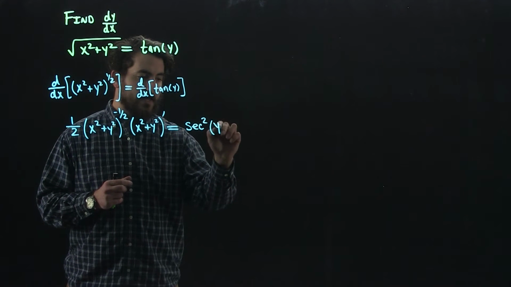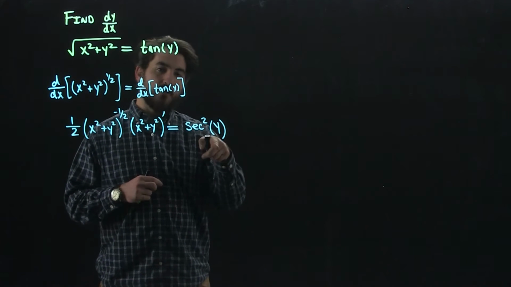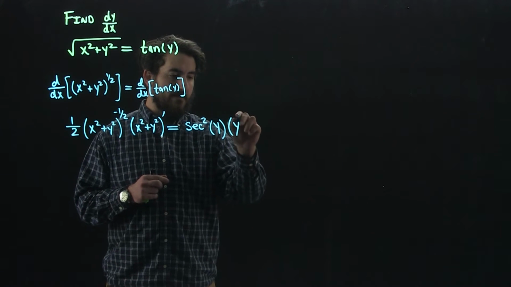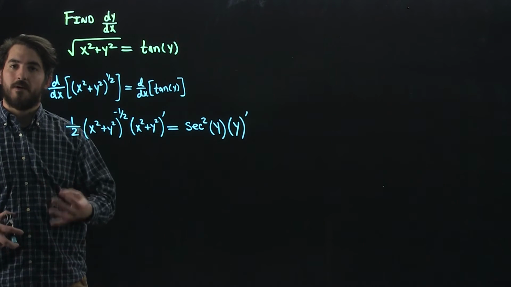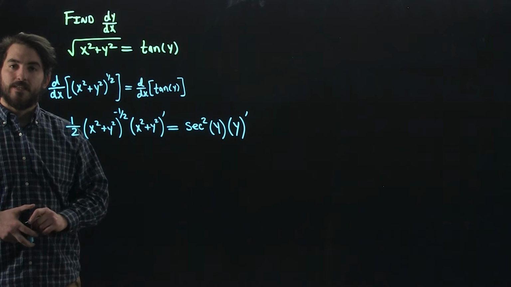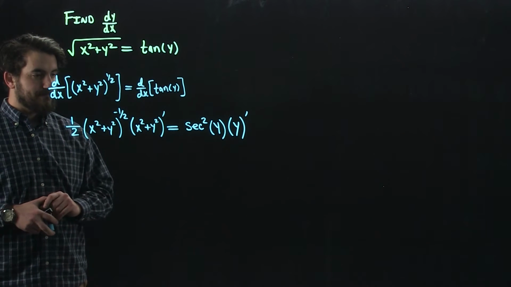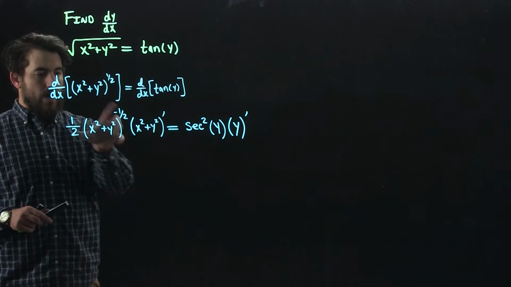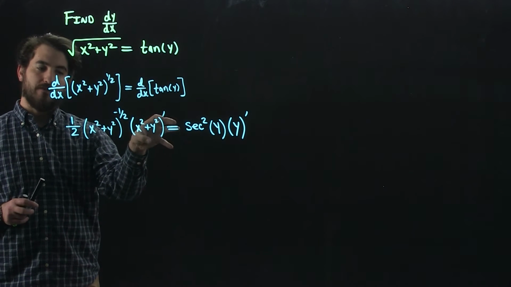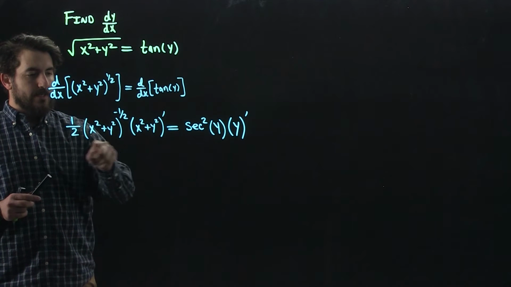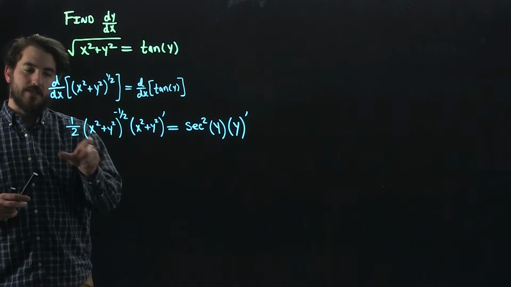And I'm going to rewrite the inside. And then the derivative of y. I'm not going to really do it right now. I'm just going to leave it in this prime notation to remind me in the next step that I need to take the derivative of that. Okay, so now this stuff is not going to change. I'm going to take the derivative of this. When I rewrite this, I'm going to move this down to the denominator.